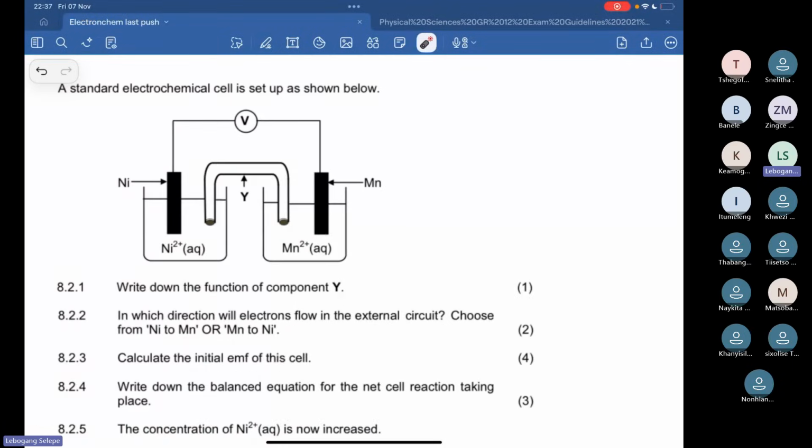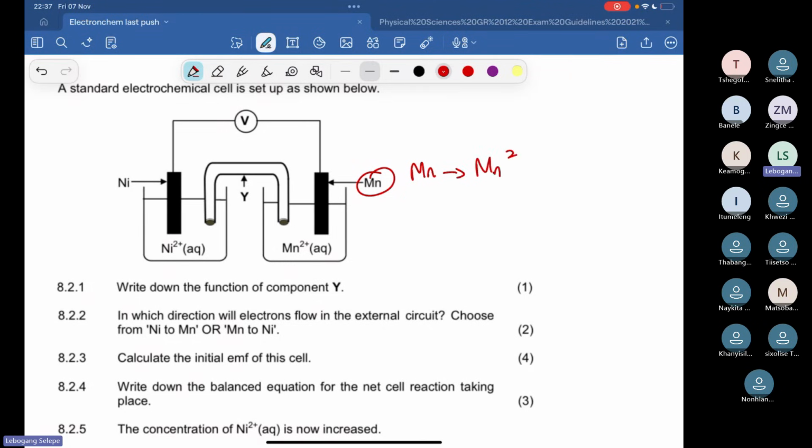When it donates electrons, it becomes Mn2+ plus 2 electrons. So the Mn that it produces falls into the solution, so more Mn2+ falling into the solution.